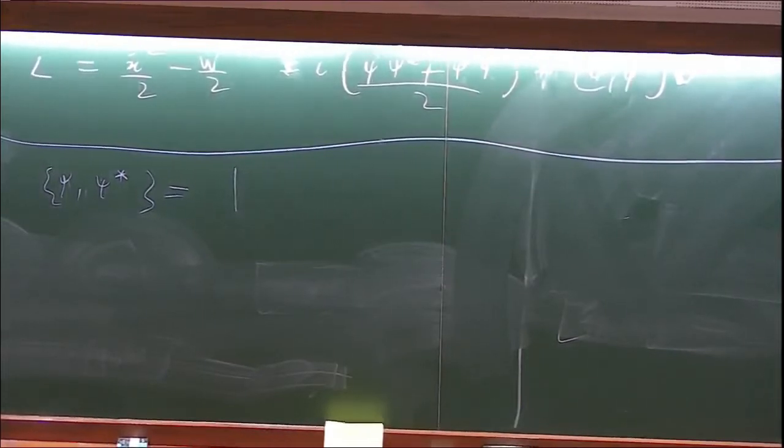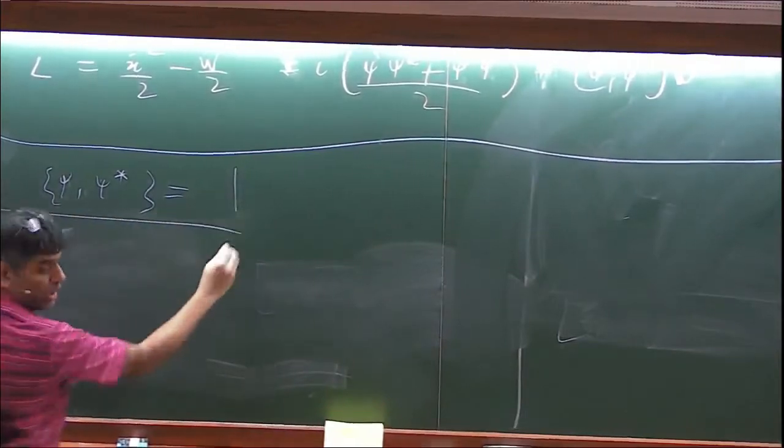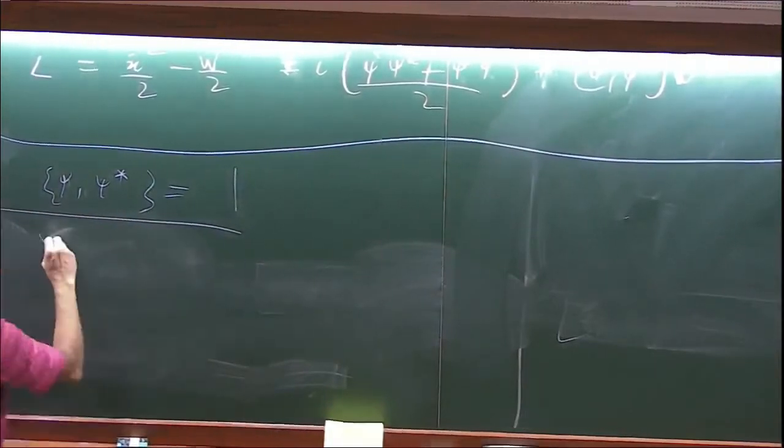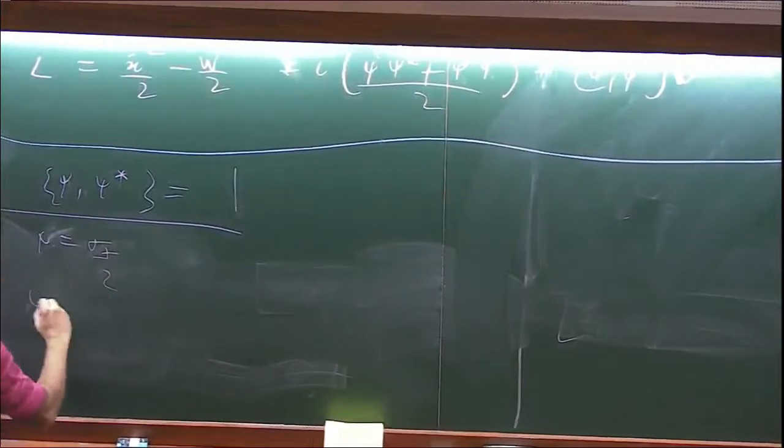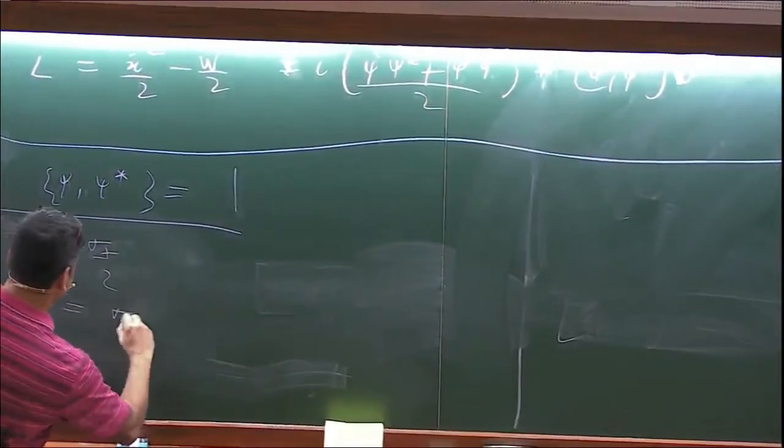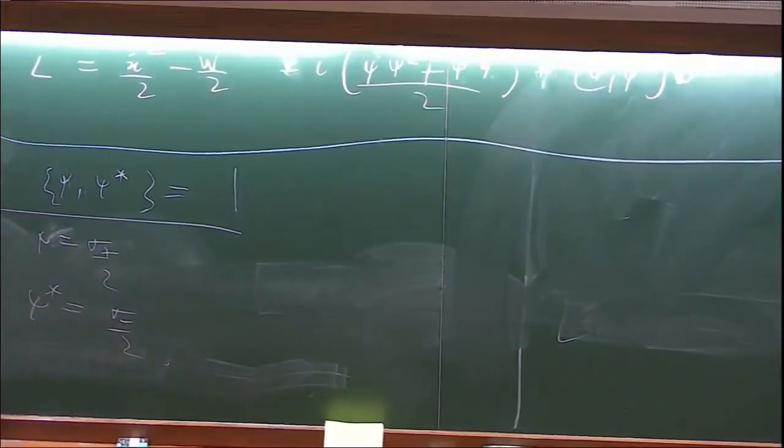The anti-commutator of psi and psi star is equal to 1, and this is implemented on a two-state system, where psi is equal to sigma plus by 2, and psi star is equal to sigma minus by 2. So that's a very nice way of producing a two-state system. You just introduce two fermionic coordinates, put a standard kinetic term.